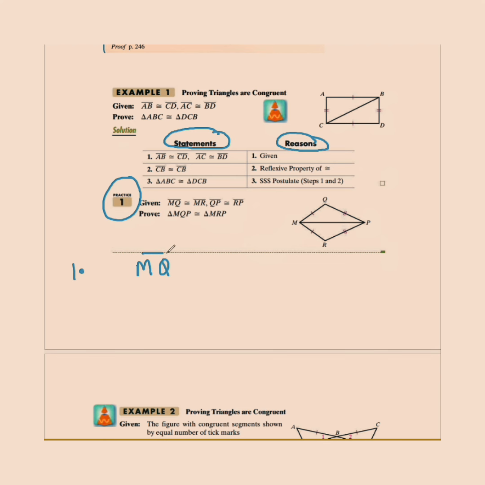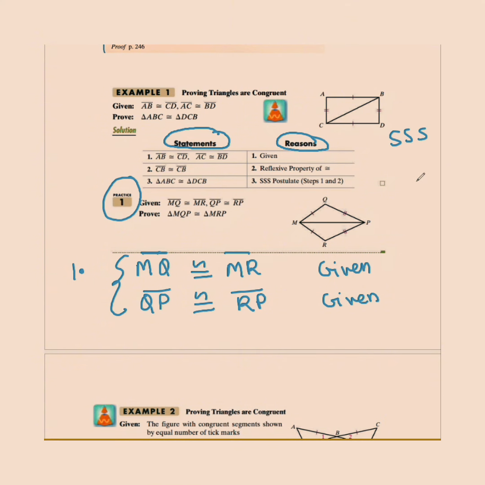Also, line segment QP is congruent to line segment RP. Again, this information has been given to me. So then I have two sides given to me as congruent sides. So I have to find the third side or an included angle.